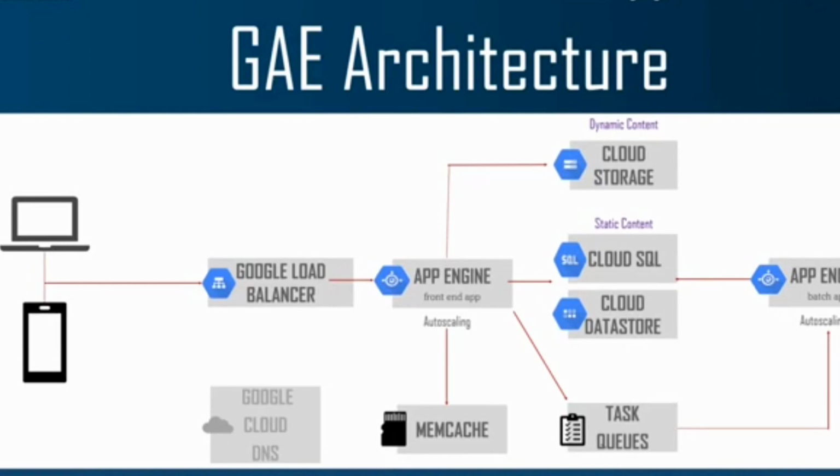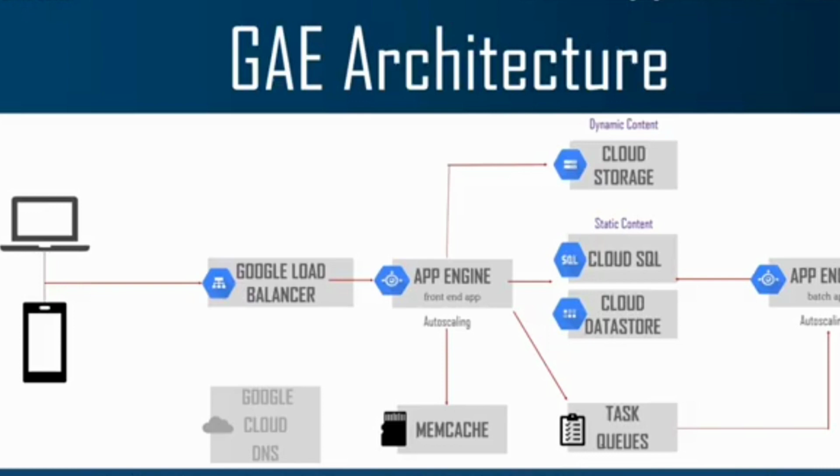So this is how our simplified architecture looks. Among the main services available are Google Load Balancer, which manages the load balancing of the applications. Then we have the front end app, which is responsible for redirecting requests to the appropriate service.